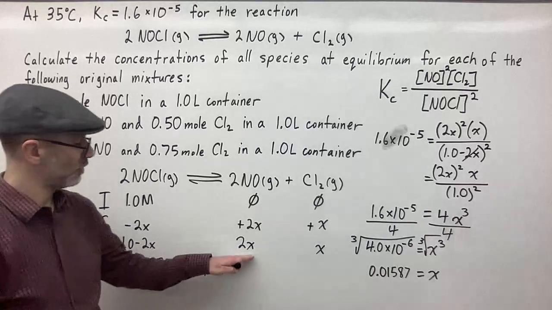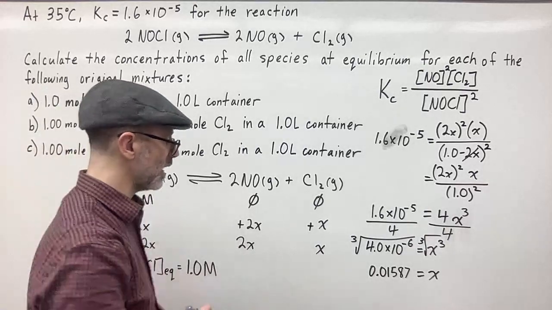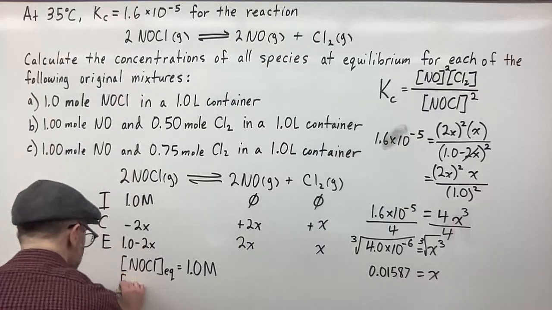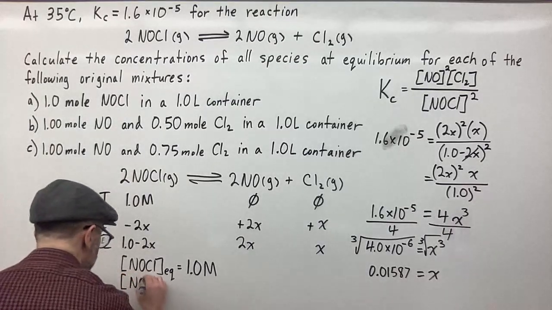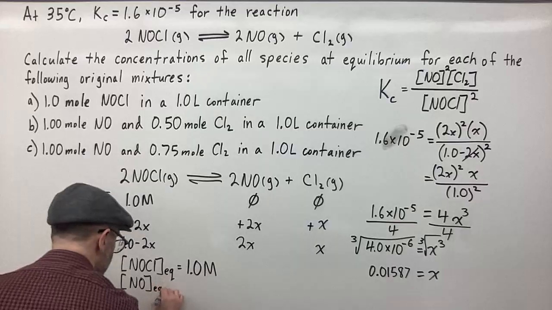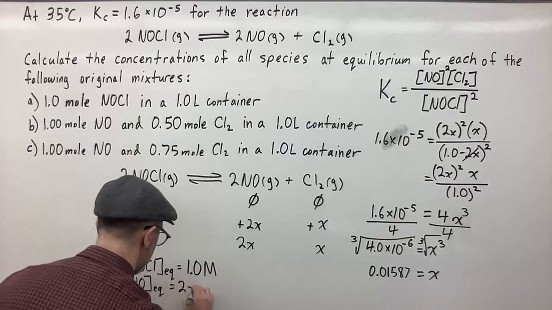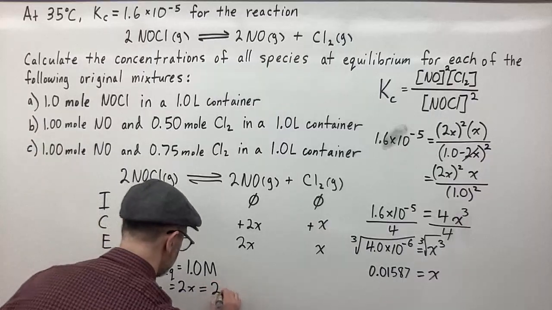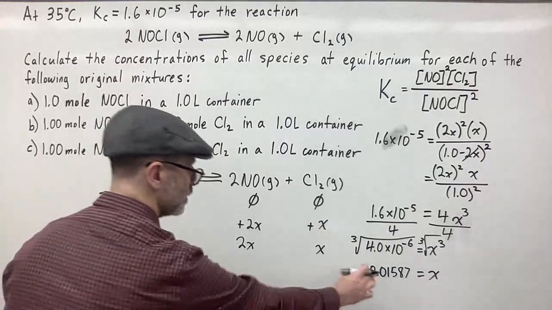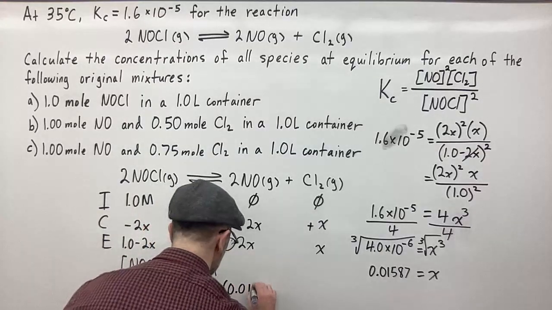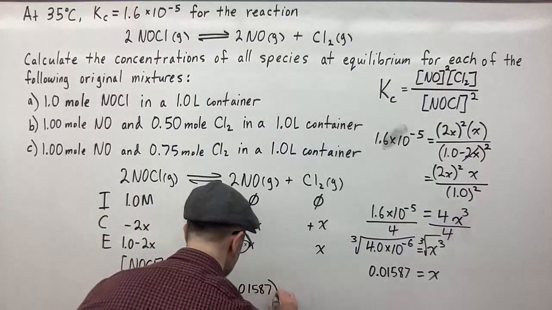Now for the concentration of these, we can just plug in x and calculate. So here, the concentration of NO at equilibrium is going to be equal to 2x, which of course if we plug in x is going to be 2 times 0.01587.